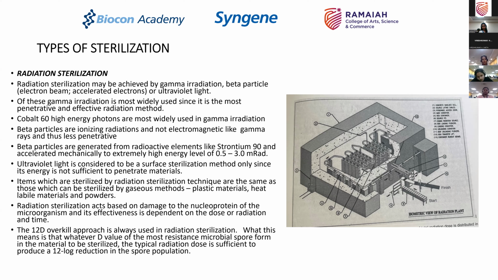Now, what are the items which are subjected to gamma radiation? It is the same kind of items: plastic material, heat labile material, powders. Also, a lot of devices, single-use bags.